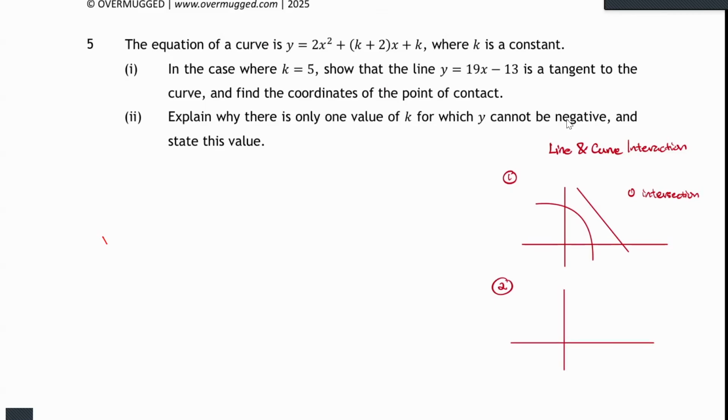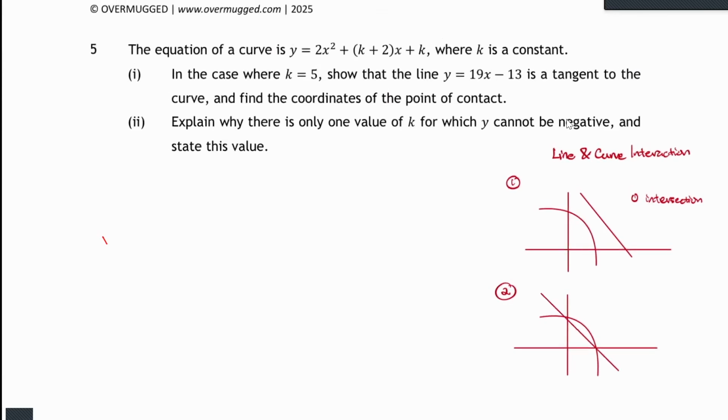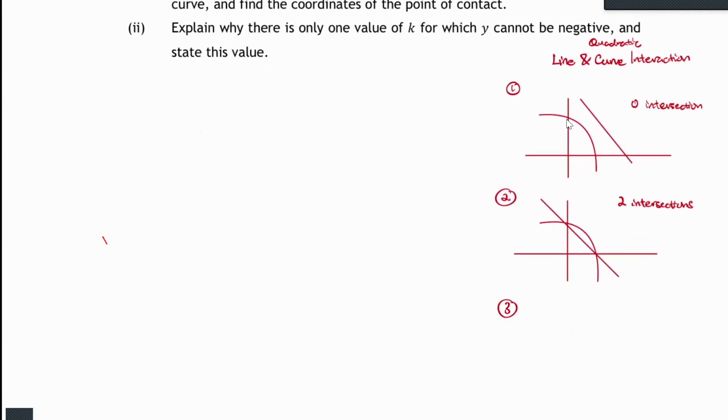This is not for all curves, but just for quadratic curves. And the last one is only 1 intersection. 1 intersection is when the line is tangent to the curve.